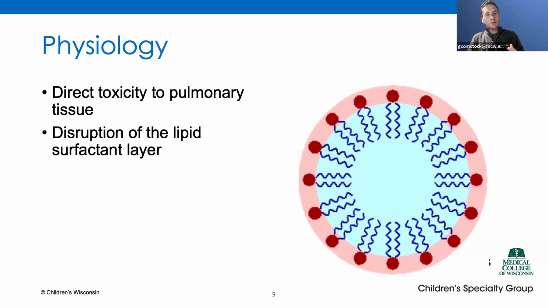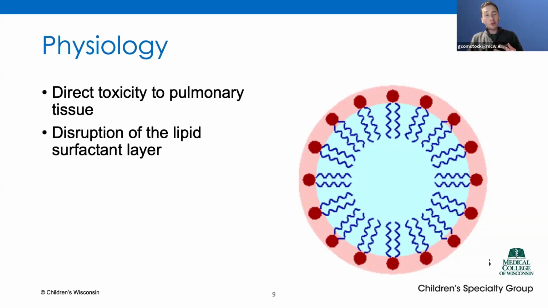The hydrocarbon, when it's aspirated, will come in and wash out and disrupt the structural integrity of the micelles, and so it disrupts the function of the surfactant. When it does that, you drive up your surface tension within your alveoli. They can collapse down, and then of course you are no longer able to functionally exchange gases. That's when patients become profoundly hypoxic and have all sorts of respiratory problems from there.